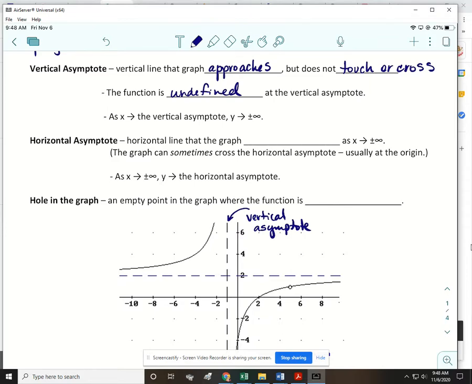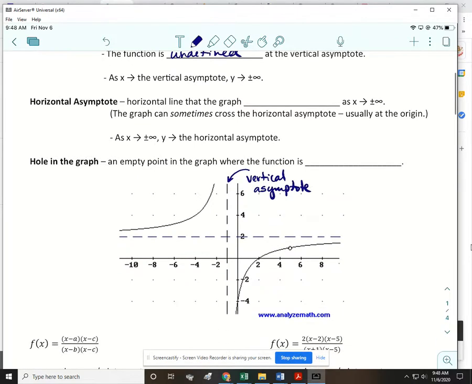And as x approaches the vertical asymptote, so we get closer and closer to it, the y is either going to go towards negative infinity or towards positive infinity. That's what happens on vertical asymptotes.